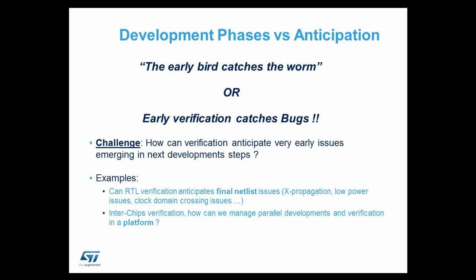Another example of the anticipation that we want to put in verification is parallel development of SoCs in the same platform. This is a very recurrent and very up-to-date issue.